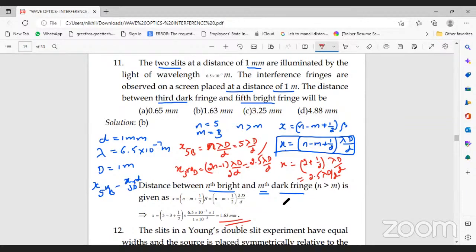If you don't remember this standard formula, you can use x5b first, then x3d second, then take the difference. You will get 2.5 lambda only. 5 lambda capital D by small d minus 2.5 lambda capital D by small d. You will get the same thing. So finally you will get 1.63 millimeter.